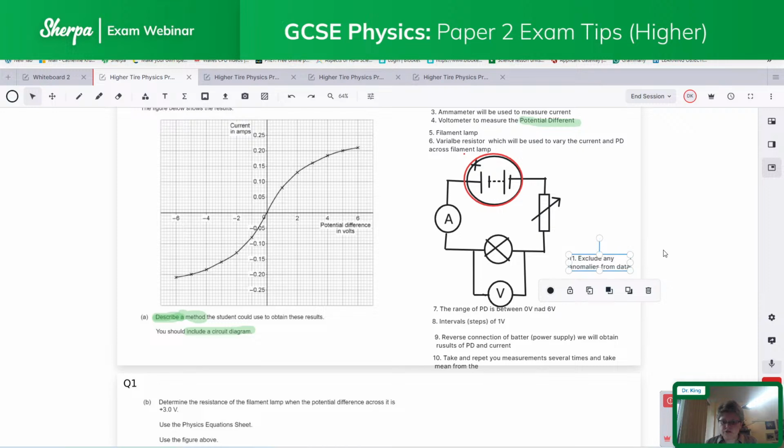Why is it important to say that? Because when you look at that graph, you do not have any points that are much different or standing out of the curve that you see. So that's it. That description, including the circuit diagram, will give you full marks of 6 points.